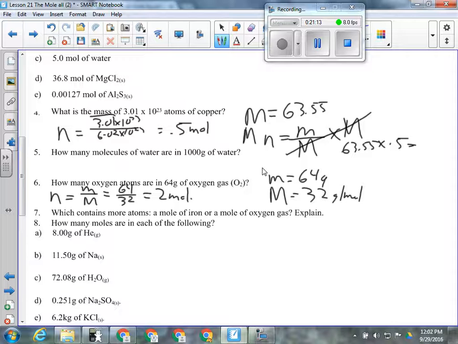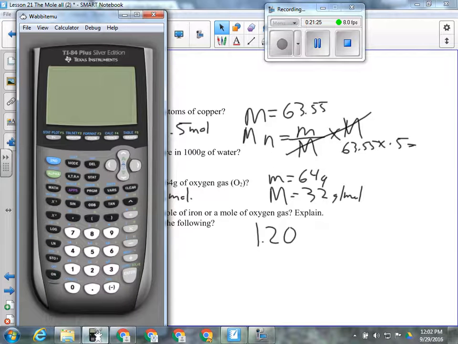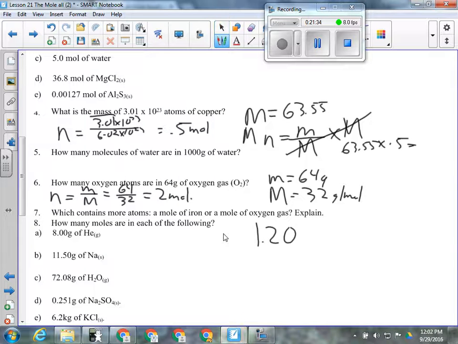So I'm going to take 2 times Avogadro's number, 6.02 times 10 to the 23, which gives 1.204 times 10 to the 24. There's my number of oxygen molecules. Listening carefully here, guys.